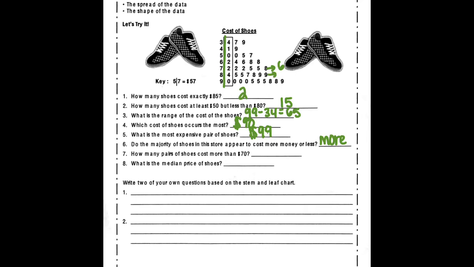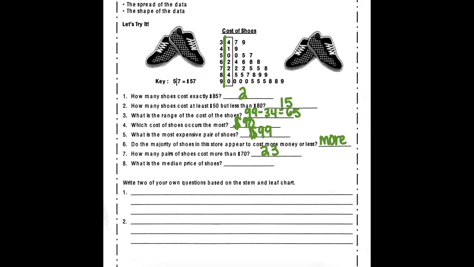With our 80 range, we have 1, 2, 3, 4, 5, 6, 7. And then with our 90 range, we have 1 through 10. And if we add all those up, that is 23.